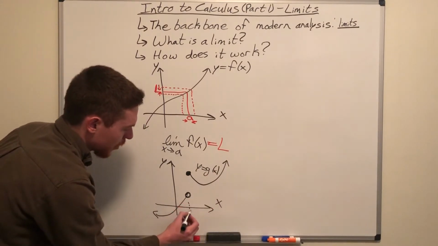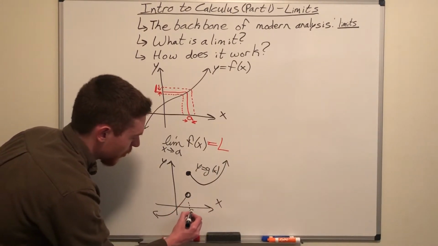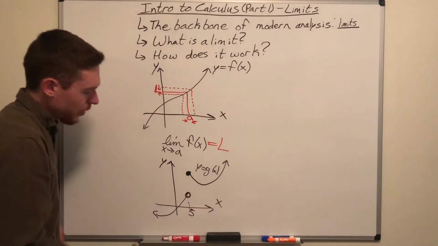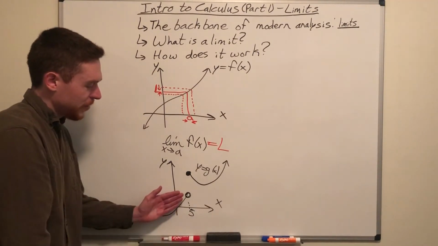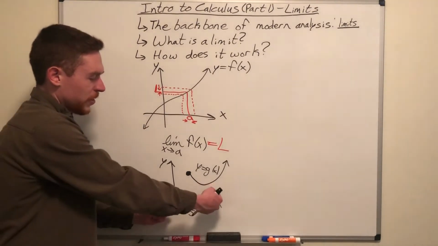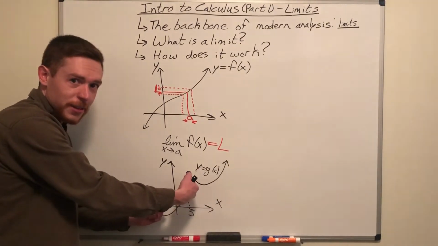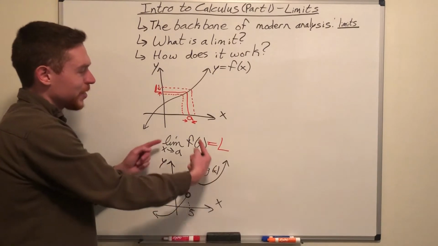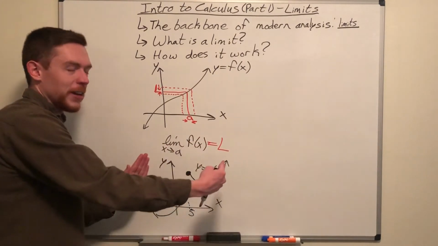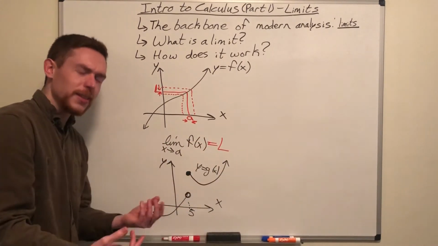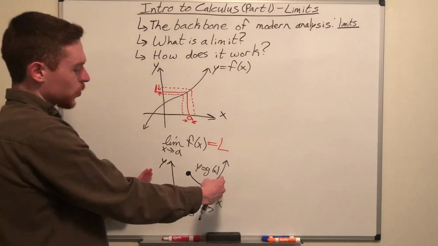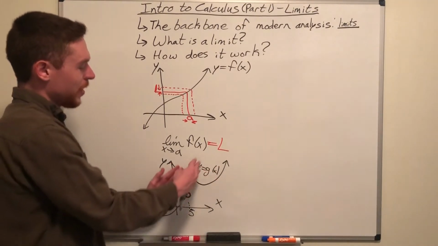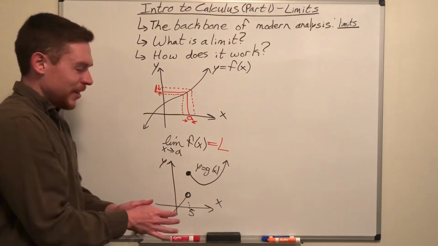Well, as I approach this problem, so let's say my problem occurs at 5, as I approach 5 from the left, my y value is different than when I approach 5 from the right. And so in this case, the limit wouldn't exist because I need it to go to the same number when I go from the left and from the right. Does that make sense?